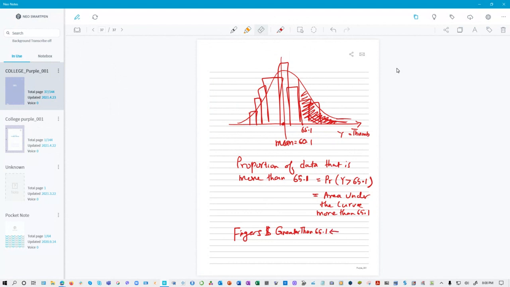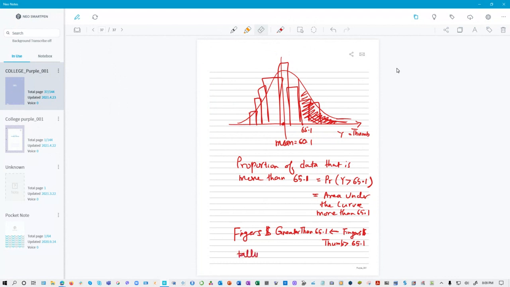How do you find that one? Booleanly. You go to fingers, pick thumb, and see how many of them are greater than this value. You check that first and then assign it to greater than 65.1, which will be a Boolean, either true or false.